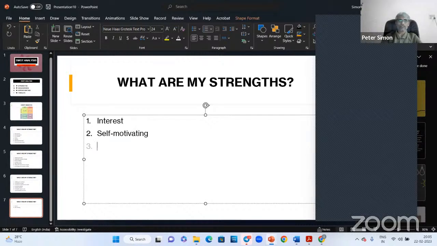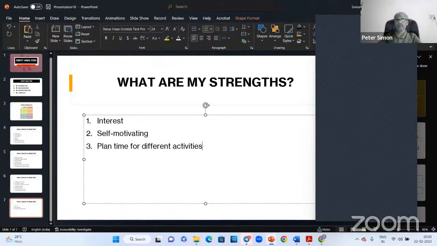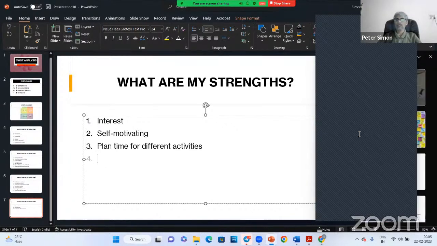Then next one is plan time for different activities. Okay. Then next one. Right, these are some strengths.